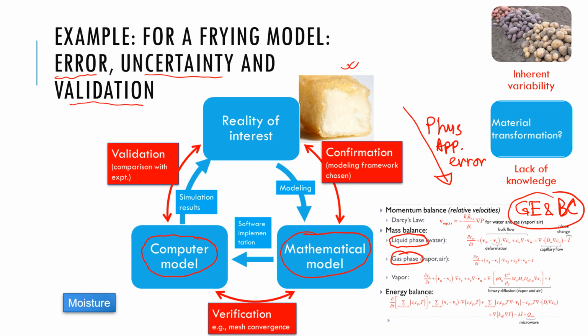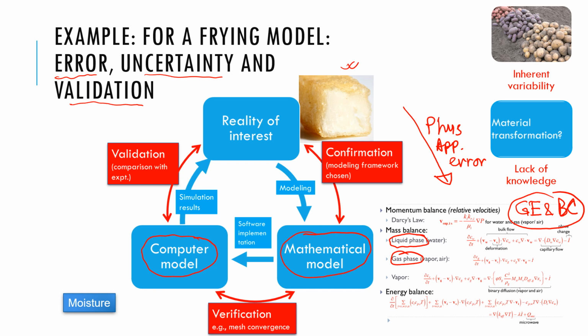A numerical solution is not exact, but more importantly, there can be all kinds of issues or things that we need to be concerned about, like is the mesh fine enough? Are the time steps small enough? So all those lead to errors, and the errors that we make here can be checked in different ways.